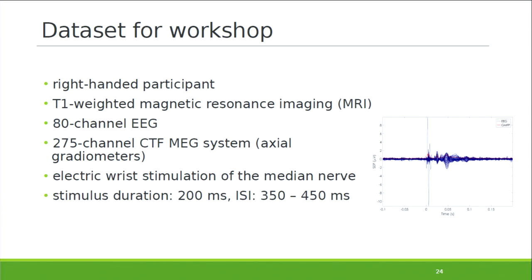So what we did, we have a right-handed participant. We also measured MRI images, T1 weighted. We have an 80-channel EEG and a 275-channel CTF MEG system with axial gradiometers. Then we stimulated the wrist, 200 milliseconds with varying interstimulus intervals.